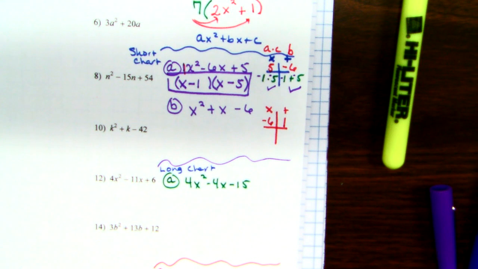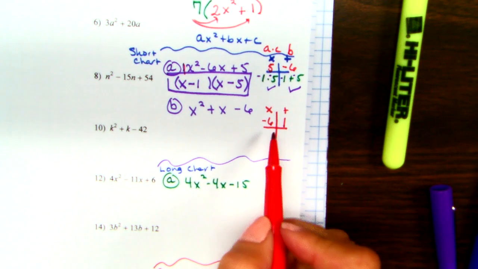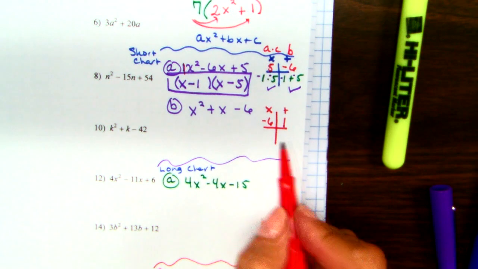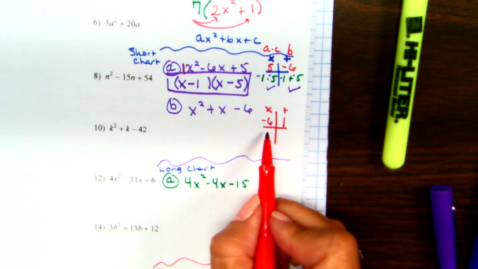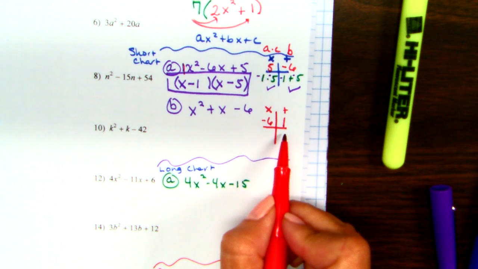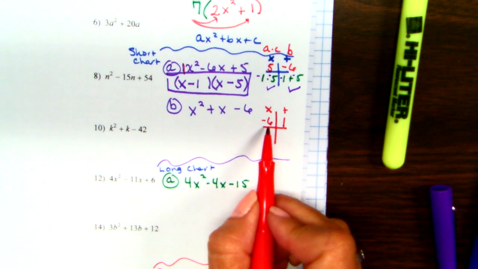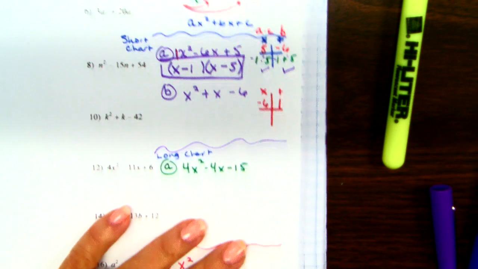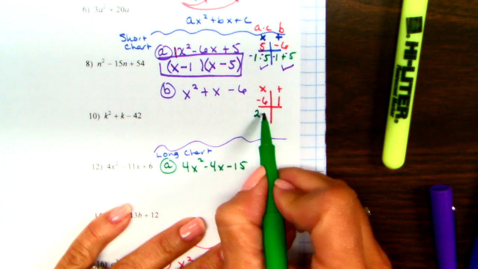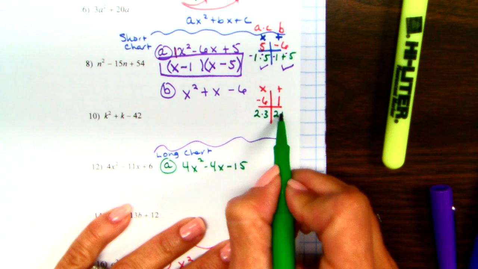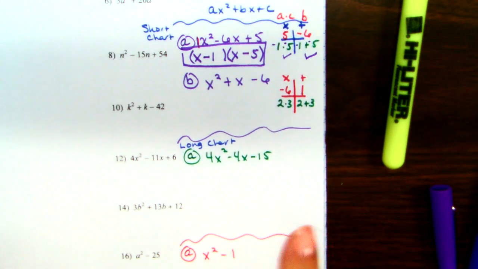So we had a 6 over here. 6 times 1 gives me 6, but there's no way to add or subtract 6 and 1 and get a 1, right? What else can we multiply to get 6? 2 and 3. So a lot of times, guys, I'll say find the numbers first. 2 and 3, we can multiply to get 6 and subtract to get 1. We just have to play with the signs now.